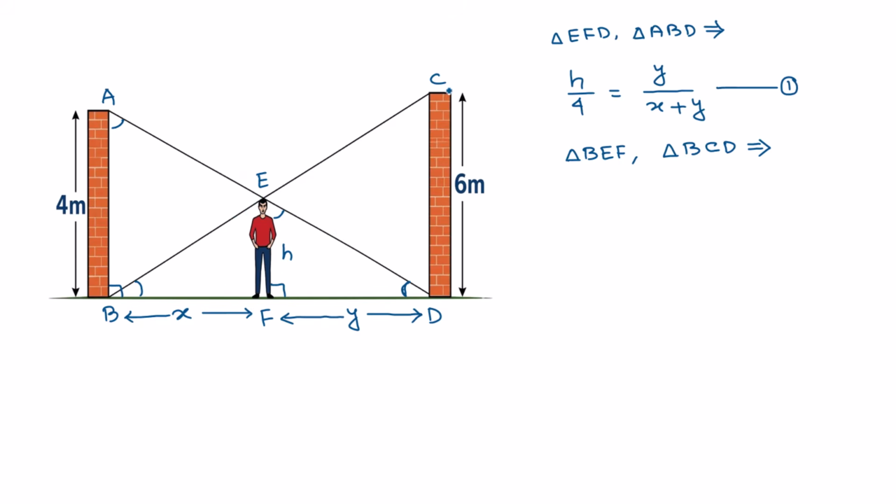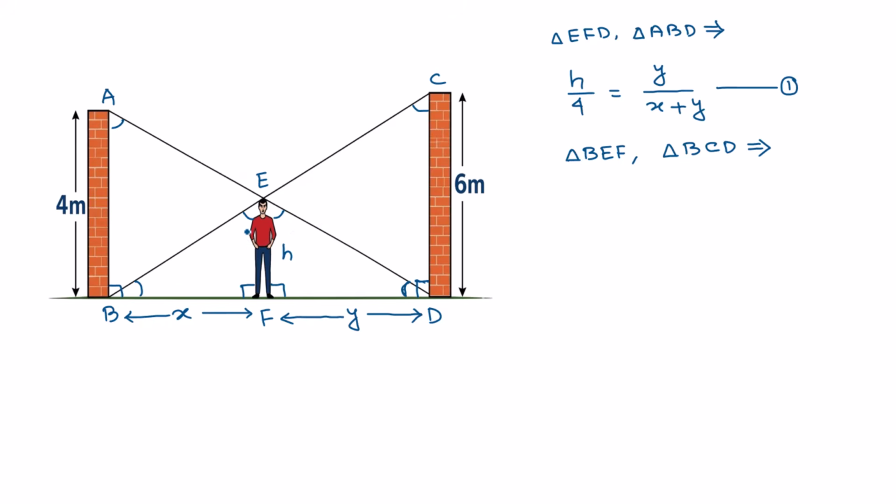EBF is equal to CBD and these two are perpendicular to the ground. So this is 90 degrees and this will also be 90 degrees. And the rest of these two angles will be equal. For this reason, these two triangles are also similar triangles.